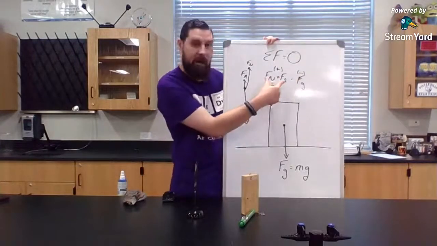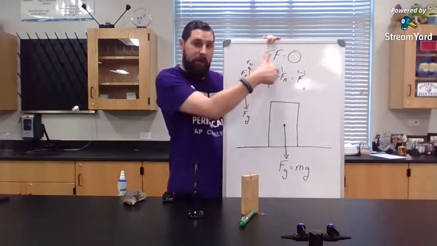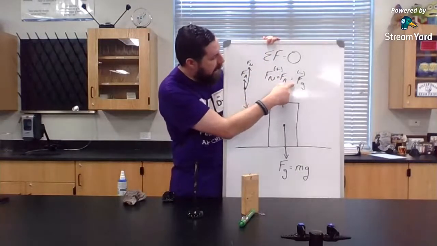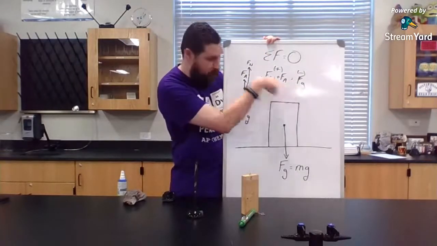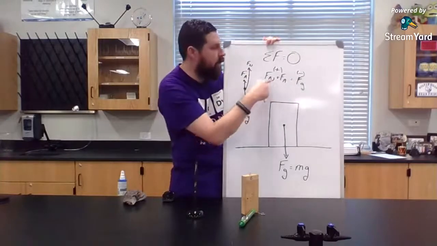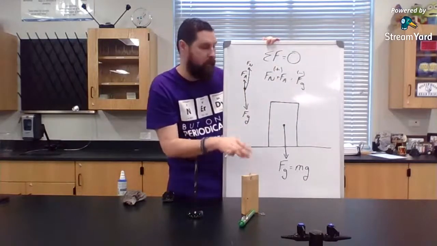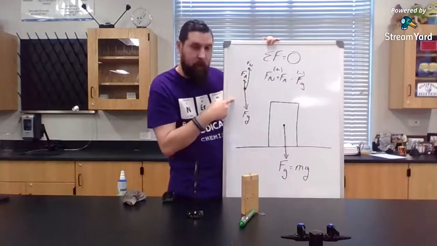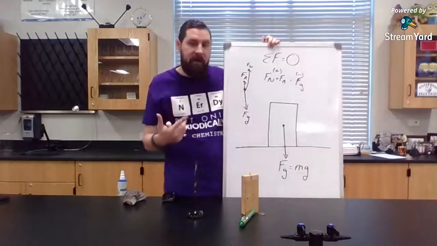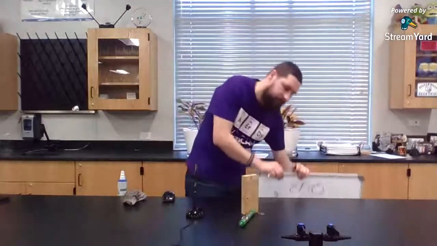That way, when I take the sum of the forces upwards and I add them to my force downwards, that force of gravity, the net force is going to be 0 and this remains stationary. Okay? So force normal does not always have to equal the weight of the object.